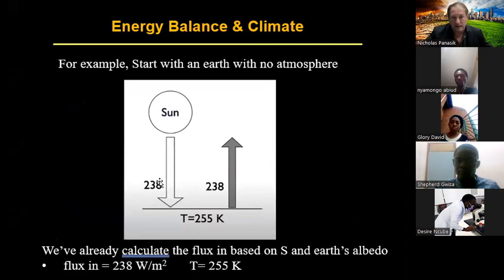And if we assume our equilibrium condition that the energy in equals energy out, that would put the planet at 255 K, right? Because if the energy out of the planet is 238, then what's the temperature?